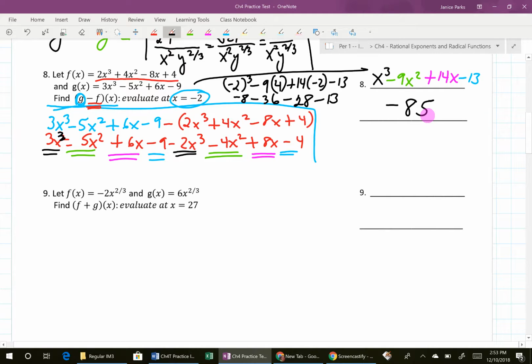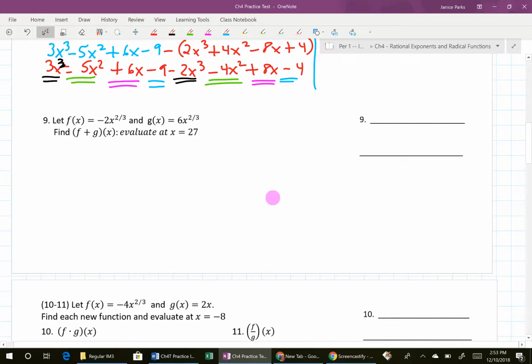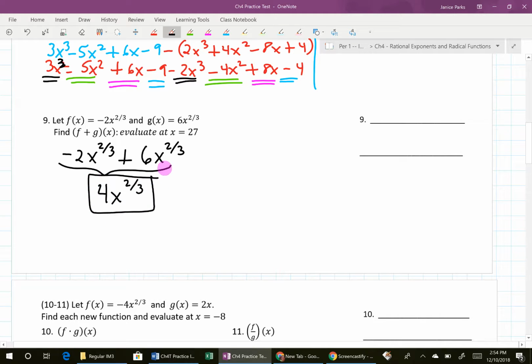For number 9, you're going to have f plus g of x. So you're going to have f of x plus g of x. And since those are alike, you're just going to have 4x to the 2/3. You just combine like terms.